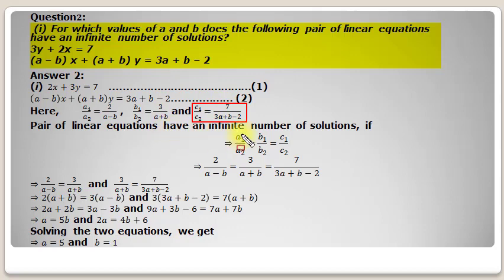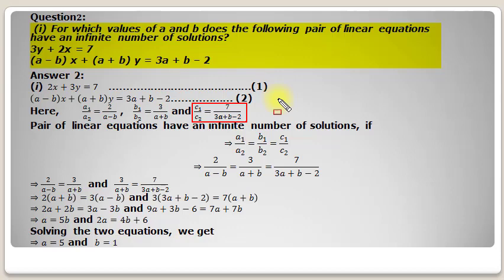Here we don't have to check whether these pair of linear equations have infinite many solutions or not. Here it is given that if these equations have infinite many solutions, then you have to find the value of a and b. So we don't have to check about infinite many solutions.